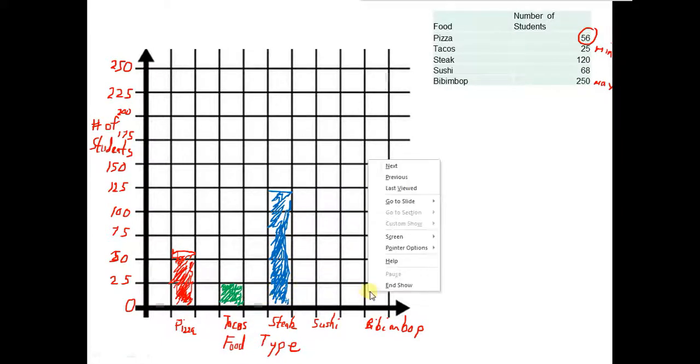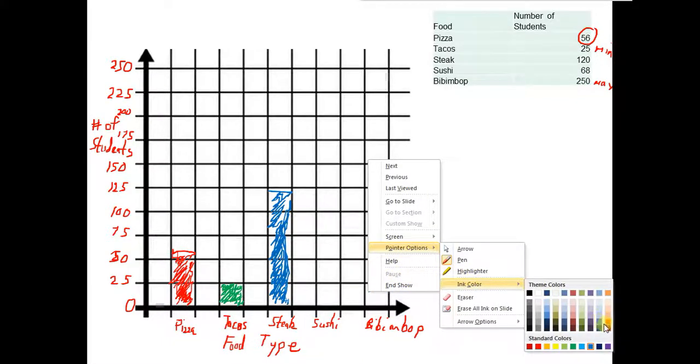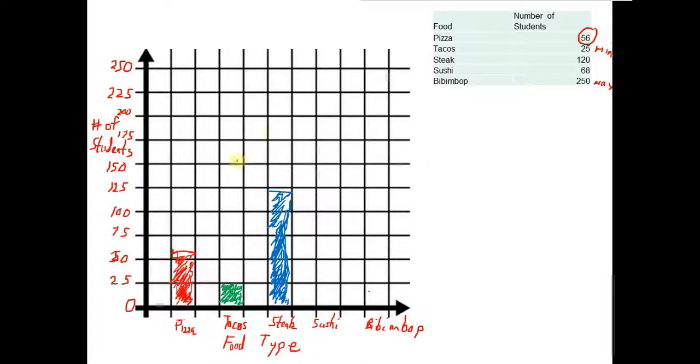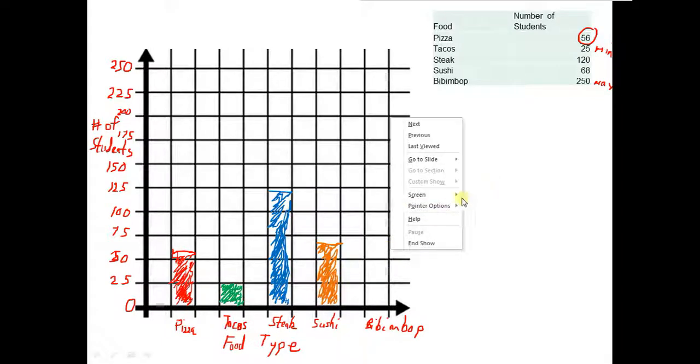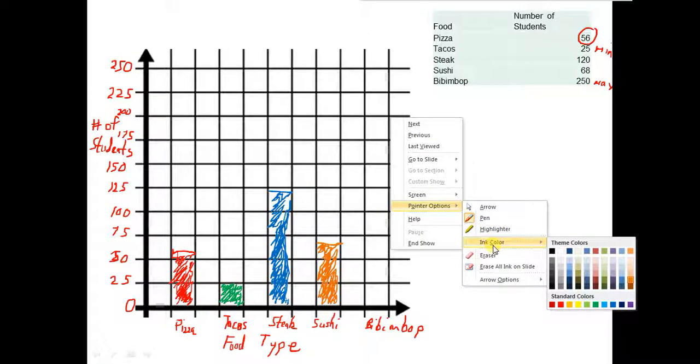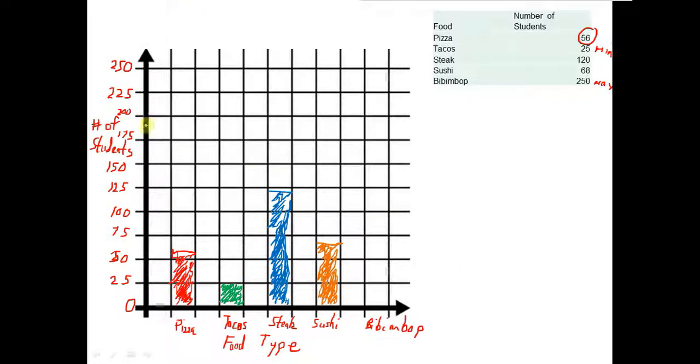And then we have sushi. Sushi is another one of my favorite foods, actually. For sushi, we had 68 for our data. So 68 will be a little bit above the middle, about right there. And then my favorite, bibimbap, all the way up there at the top at 250.